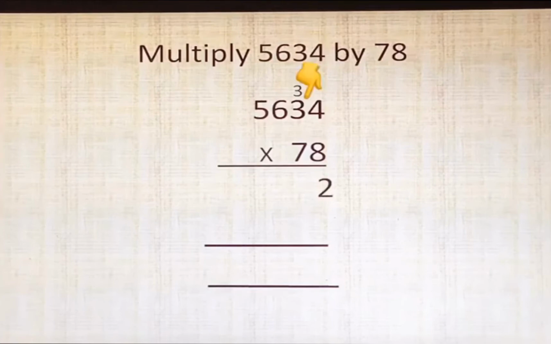Then 8 3s are 24, 24 plus 3 is 27, 7 will write and 2 will go on the top. Again 8 6s are 48, 48 plus 2 is 50, 0 will be written here and 5 will go on the top, and 8 5s are 40, 40 plus 5 is 45.